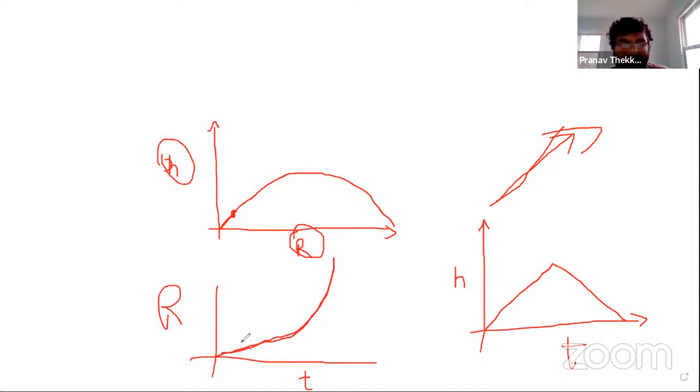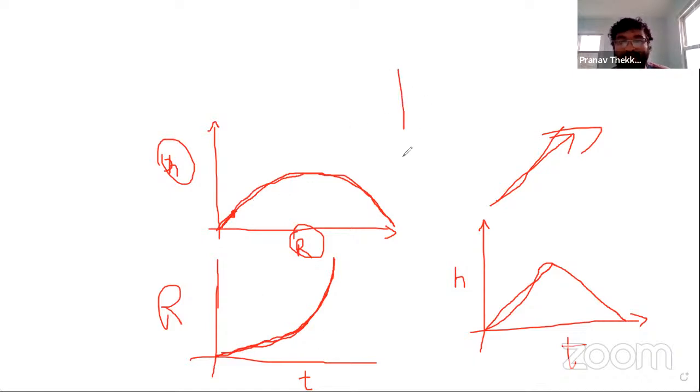This is the path that it takes. So this is how height goes as a function of distance. This is how height as a function of time is. And this is how range as a function of time is.